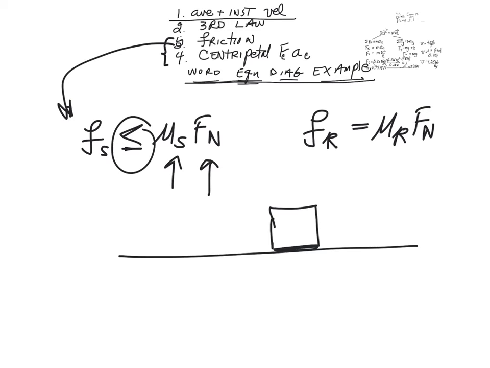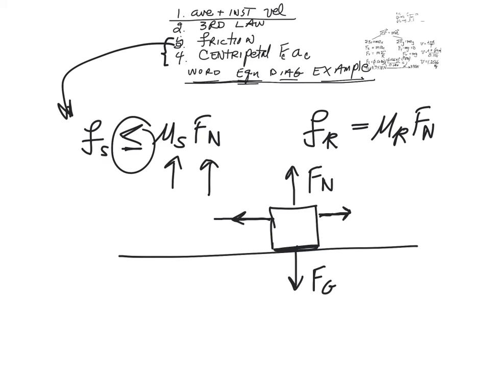Let's say a crate on a concrete floor. There'll be only two forces acting: force of gravity and the normal force as it sits there. Now, if I attach a rope and I pull this way with a small force, it won't move because friction holds it. So that means the static friction is exactly matching my force and it doesn't move.